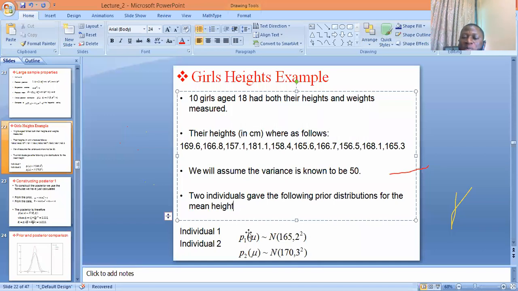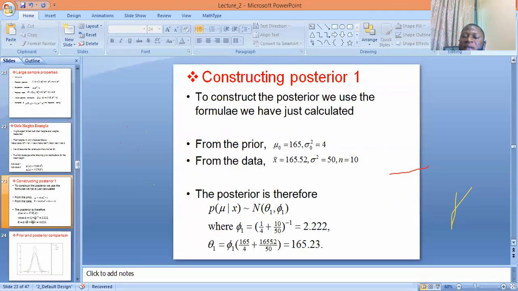Now, with this information, and now that we have recorded their data, how do we update this prior information? That means we need to compute the posterior distribution for the mean and also the posterior distribution for the variance. So now let's see how we update that.